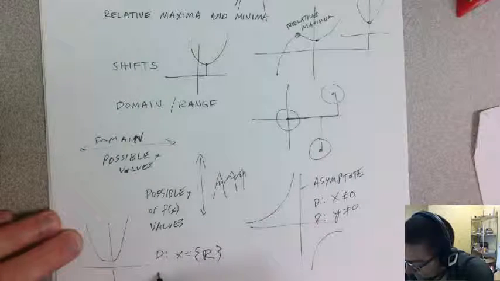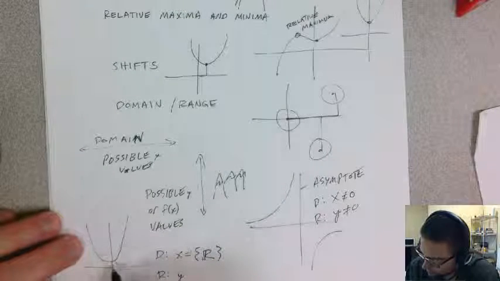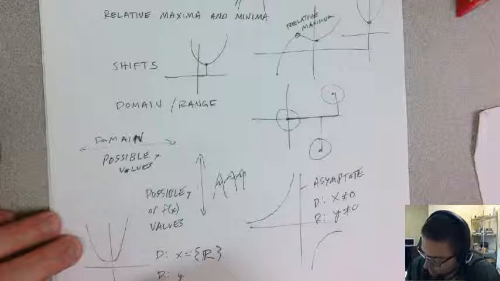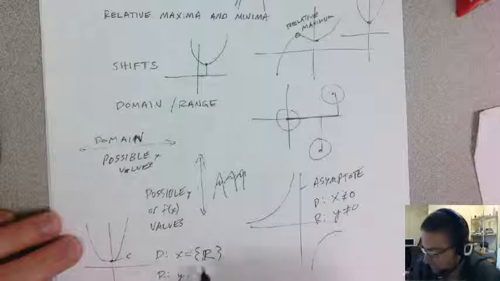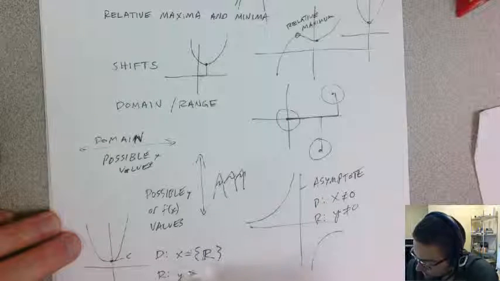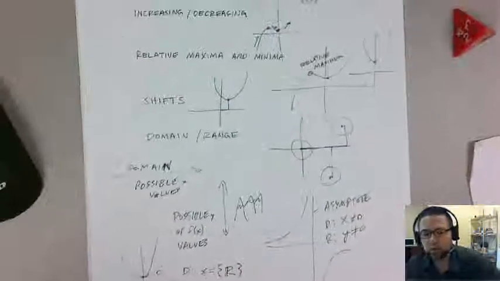And then the range, we'd say, well, it has the y value. It can't go any lower than this, right? So whatever this value is, we'll call it c. y must be greater than or equal to c. That would be how that range would be limited.